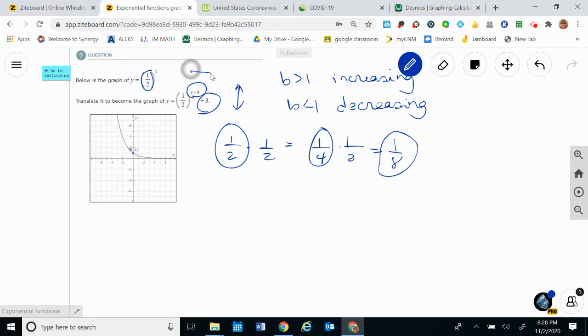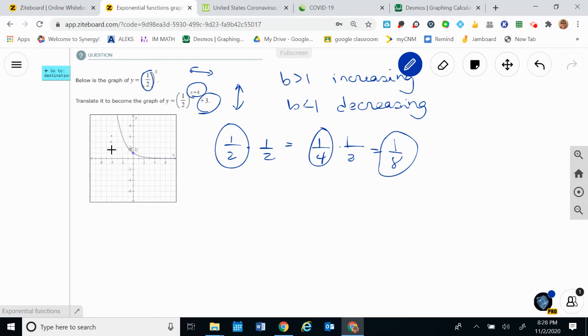That's going to move it left and right. And in this case, because it's -4, it goes the opposite direction. Remember, we want to get it to a 0. So it's +4. So we're going to move this 4 to the right. So you grab this one point that you have and you move it 4 here, but it's also going to go up 3.